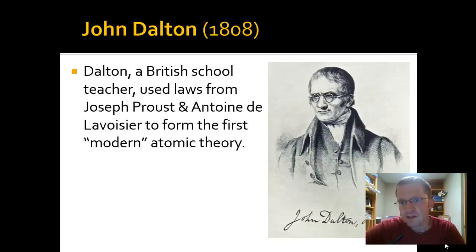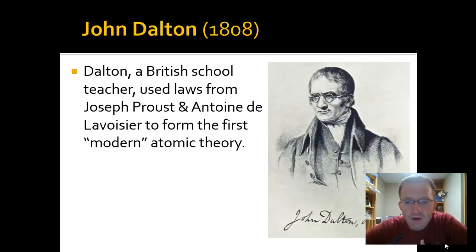John Dalton was a British school teacher, and he took, as many scientists do, the ideas from people who'd come before him and built them into something bigger or better or more understandable or maybe more correct. The two people we'll mention here are Joseph Proust and Antoine de Lavoisier. Both of them contributed a lot of things to our current modern atomic theory, and we'll talk more about their names as we go, especially Lavoisier, who comes back later on in chemistry.